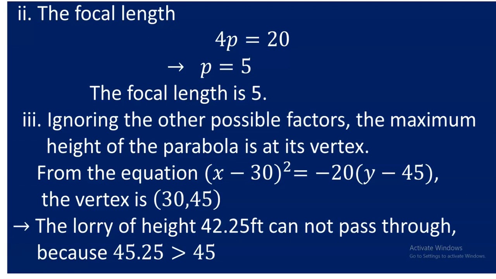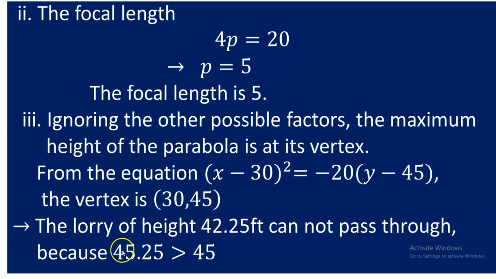The lorry has a height of 45.25, and clearly this cannot pass, because 45.25 is greater than 45. Just have a correction here please, it has been said there 45.25.